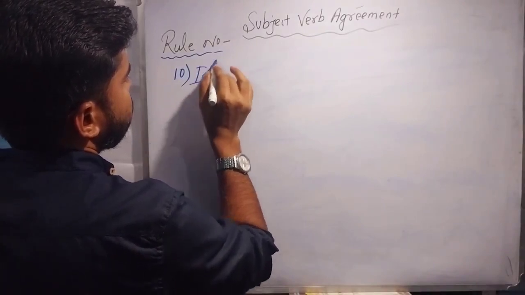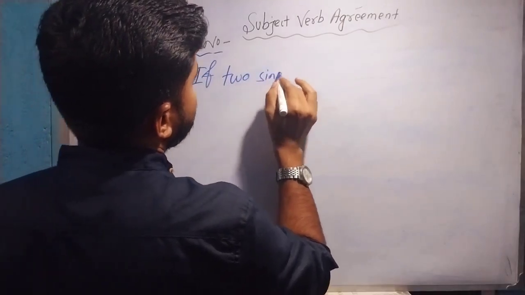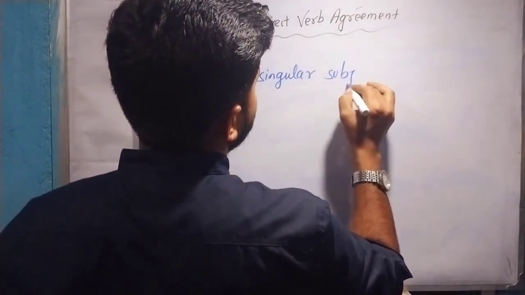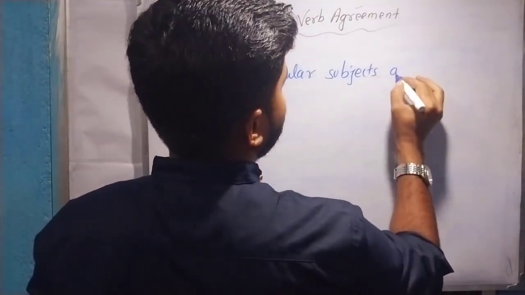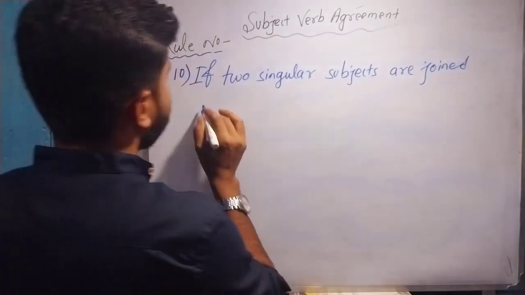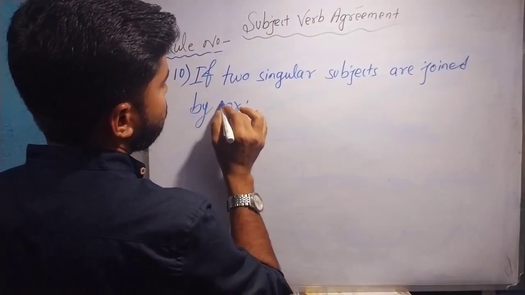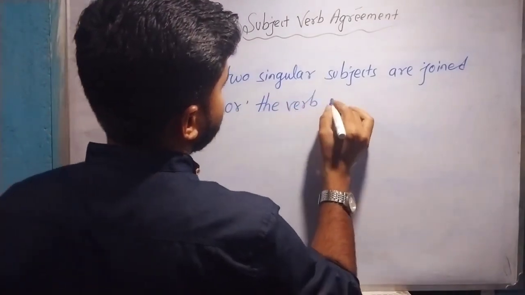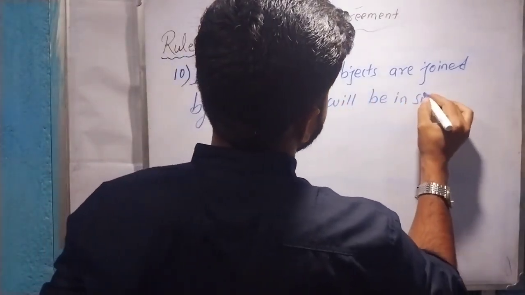if two singular subjects are joined by or, the verb will be in singular.